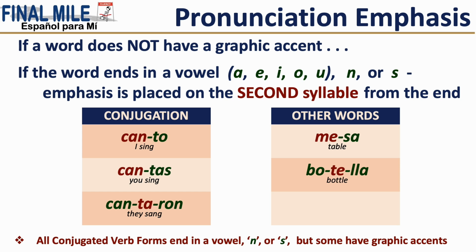Ends in a vowel, syllable number 2. Botella. Botella. Repeat the words with me, okay? Remember, we have to smile for the I, so we don't pronounce this word like we do in English. Marimba. Marimba. Do you hear the emphasis? Marimba.